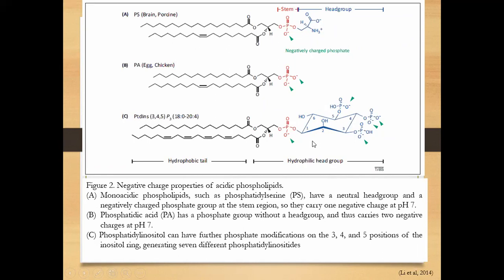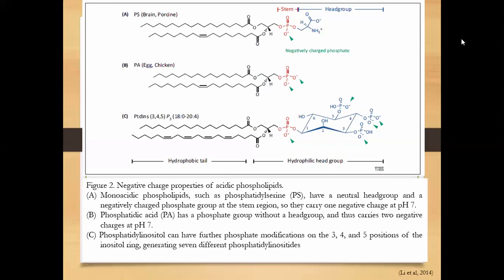So the changes of one phosphate molecule in this head group, or the changes in the acidic condition, the changes in the amino acid, what will happen to the phospholipid bilayer? Anybody want to try?